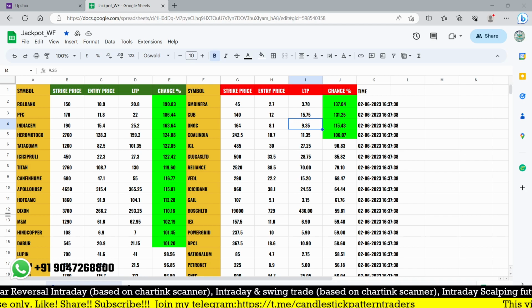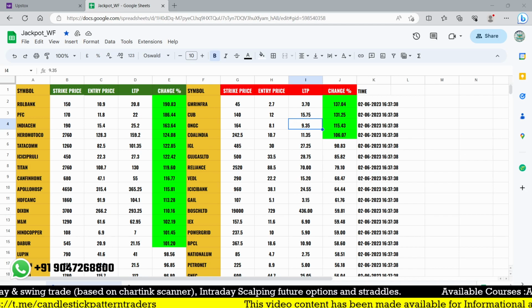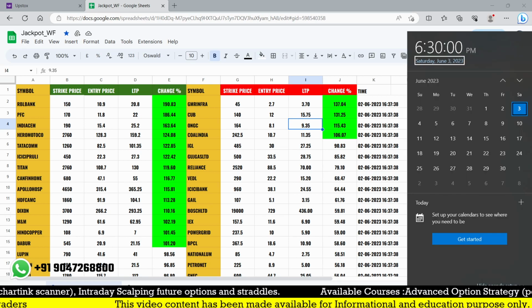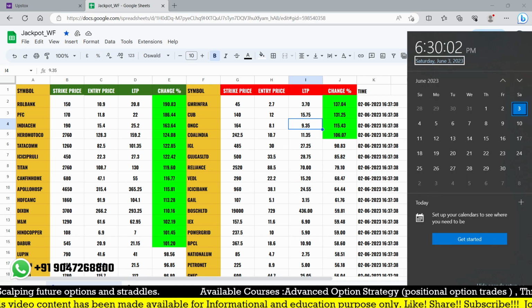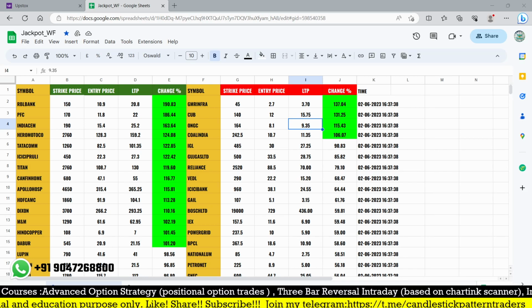That means newer trades for the next week. That is week number 2, June 5th to 9th, where we are going to find newer opportunities based on our advanced option strategy.